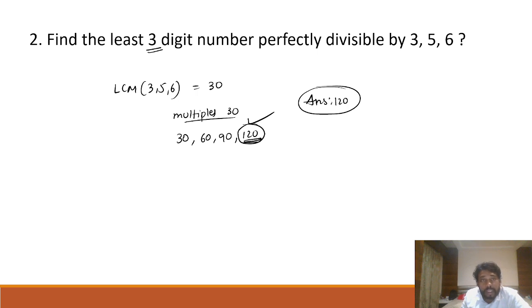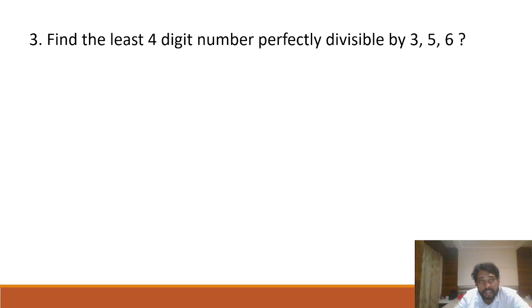Now I suggest you pause the video and try the next question. When I show you the next question, pause the video and try this. Okay, let's see the same question, same numbers. Find the least 4-digit number perfectly divisible by 3, 5 and 6, he told. So same thing, what we need to do is you need to take LCM of 3, 5, 6.